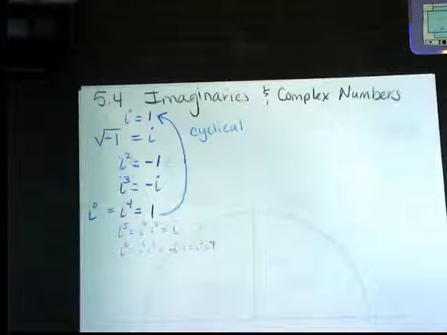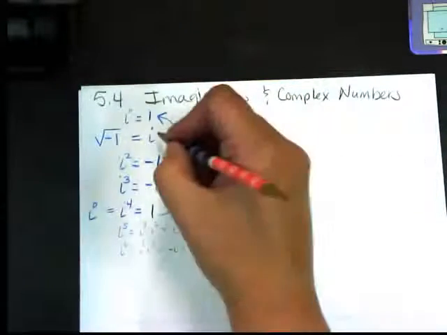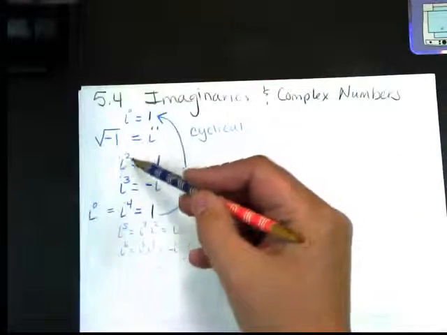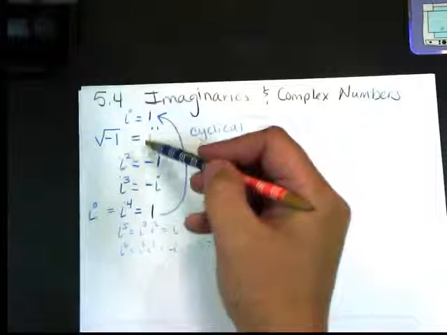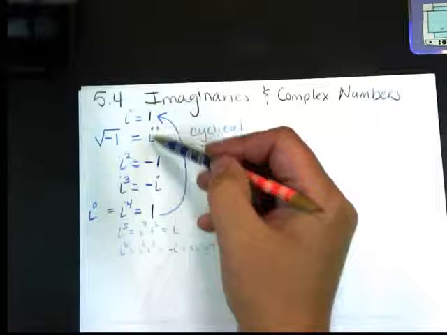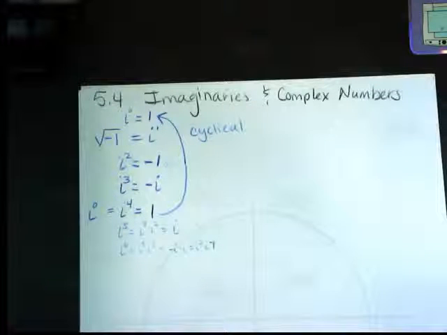And it's going to keep continuing going on this way in this cycle. So I have i^0, there's i^1, i^2, i^3, same i^4, i^5, 6, 7, 8, 9, 10, 11. So what we have here is that we need to be able to find any i at any power.